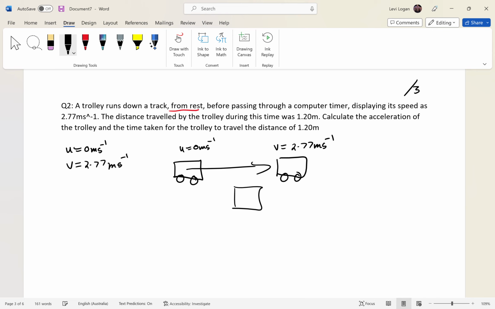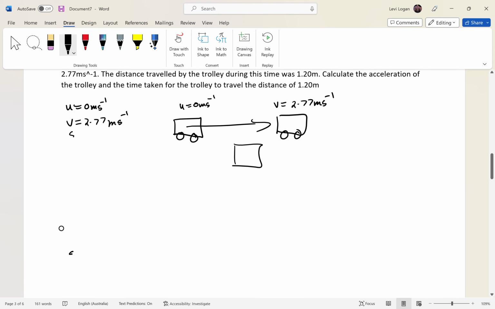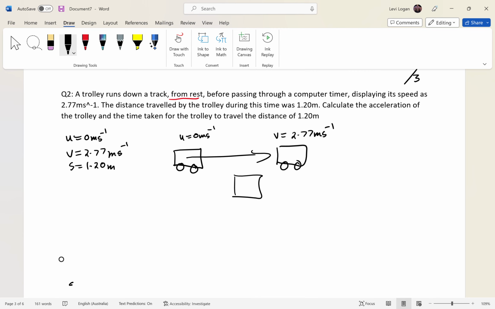The distance traveled by the trolley during this time was 1.2 meters. So we have another thing: displacement is 1.2, so s equals 1.2 meters. Cool. We have 3 of the things, so we can solve this question. Now this question is asking for 2 things: acceleration and the time taken.